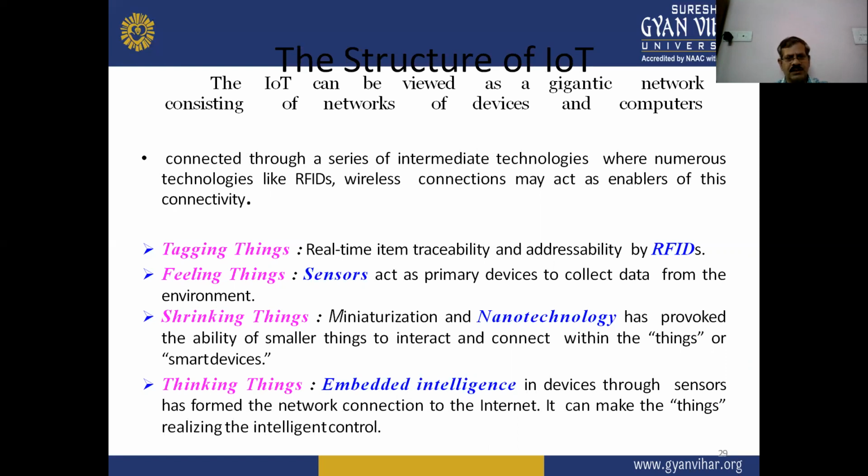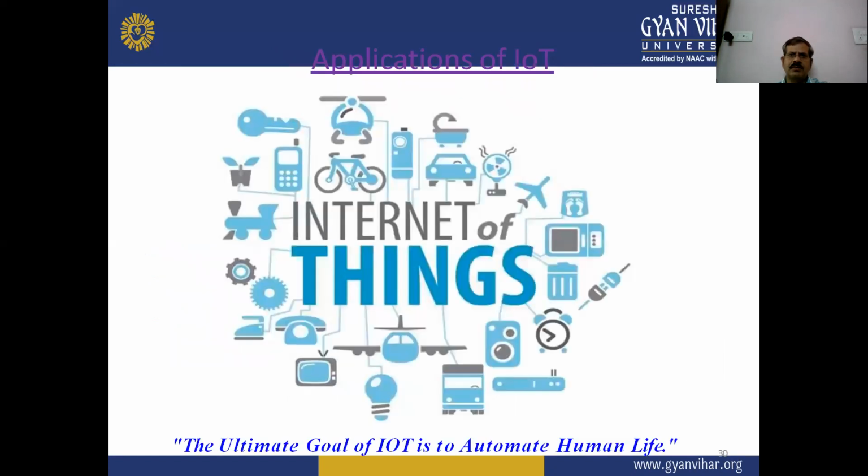Next, thinking things: embedded intelligence in devices through sensors has formed the network connections to the internet. It can make things like intelligent control. So this is the structure of IoT.